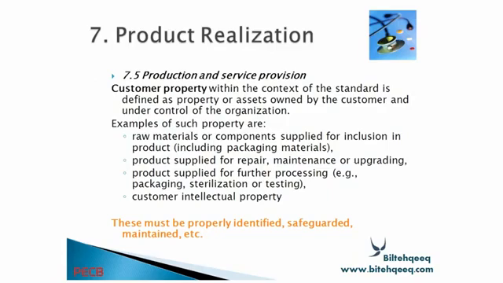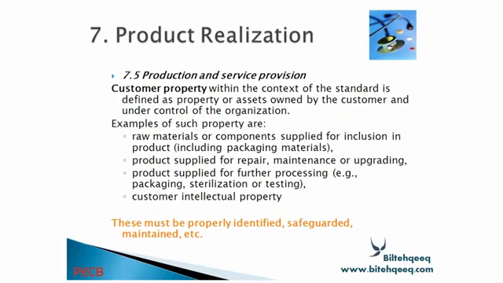The next is customer property. Customer property within the context of the standard is defined as property or assets owned by the customer and under control of the organization. Anything given by the customer to any supplier or organization is called customer property.